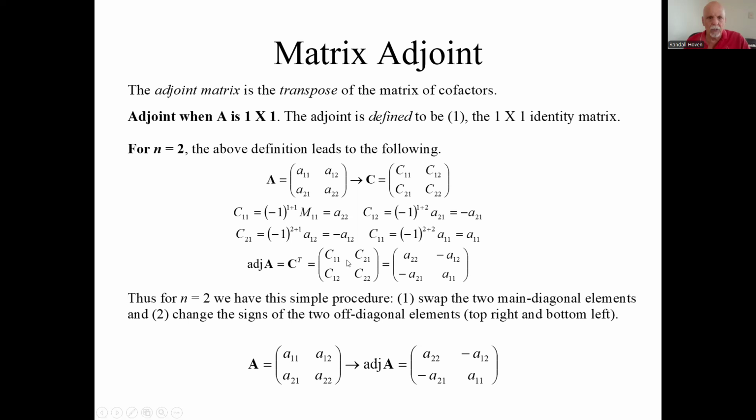I'm not going to go through all this. You get a very simple formula for a 2 by 2. You swap the main diagonals and change the signs of the off diagonals. That is worth memorizing. It's easy to find the adjoint of a 2 by 2. Swap the main diagonals, change the signs on the off diagonals.